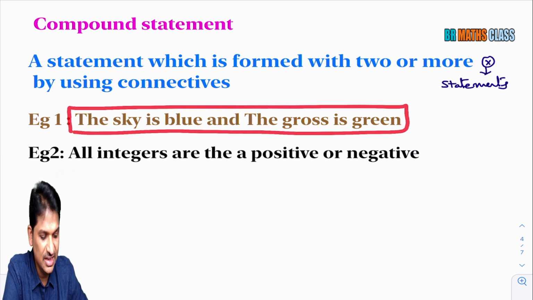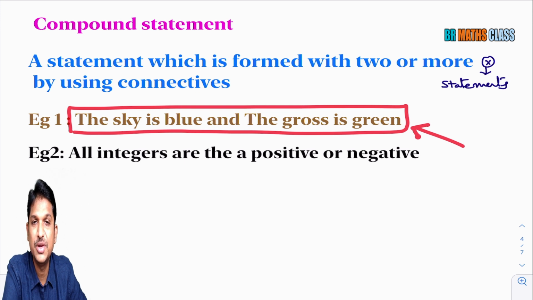So this statement is known as a compound statement. What is a compound statement? A statement which is formed with two or more statements by using connectives. I hope you are understanding. In this compound statement, the sky is blue and the grass is green, two statements are there. Those two statements are connected with the connective 'and'. I hope you got the point.